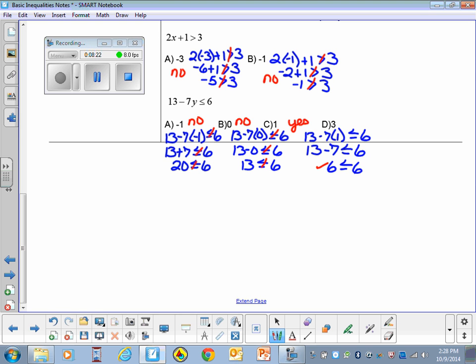Let's see if the other one works. 13 minus 7 times 3 less than or equal to 6. 13 minus 21. That's going to be negative 8 less than or equal to 6. That's also true. So we had a couple no's, we had a couple yeses. The thing about inequalities is you have to check every single number when you're asked if it's a solution.